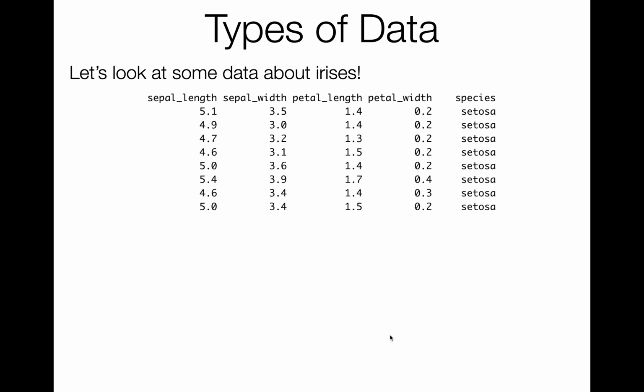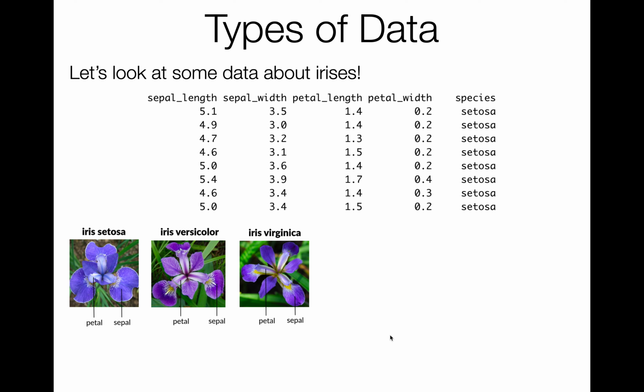This is only a small part of a larger data set, and in this data set there are 3 different species of irises. The only one shown is called Setosa, but there are 2 more. So there's a picture of the 3 different kinds of irises: Setosa, versicolor, and virginica, and then the petals and the sepals.